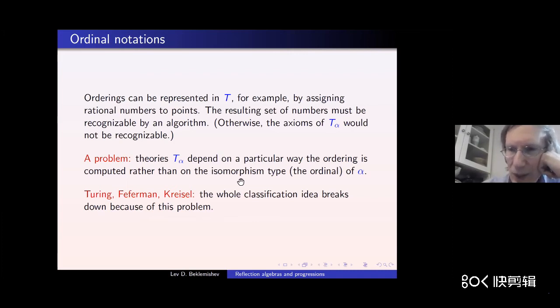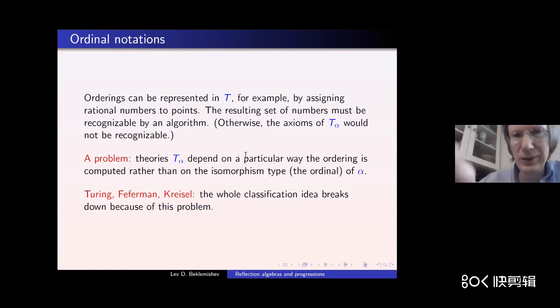As to the second question, the question was for which ordinals alpha do such Turing progressions exist or can be defined? And the answer here is, theoretically, for all so-called constructive ordinals. It is well known that among countable ordinals, there is a certain one, I will write on my slide here.